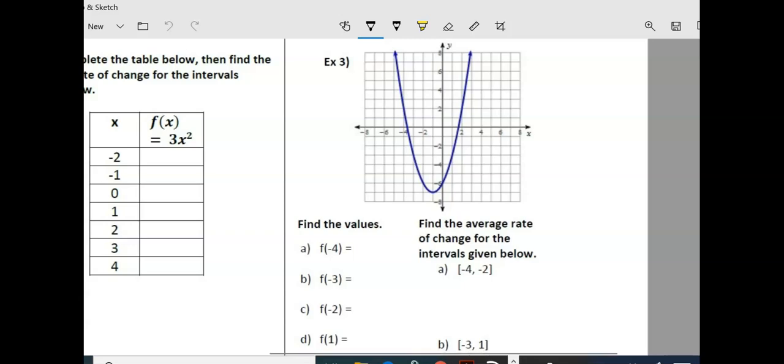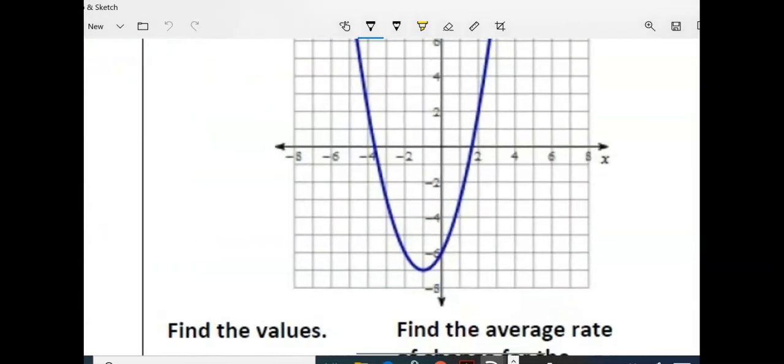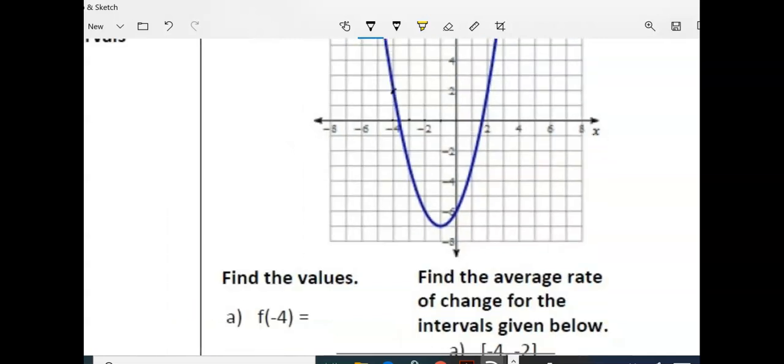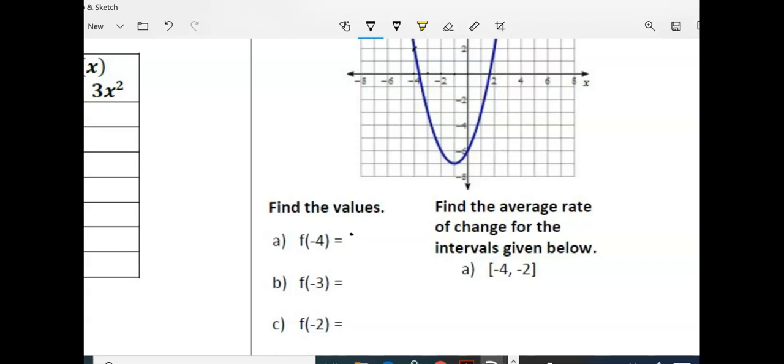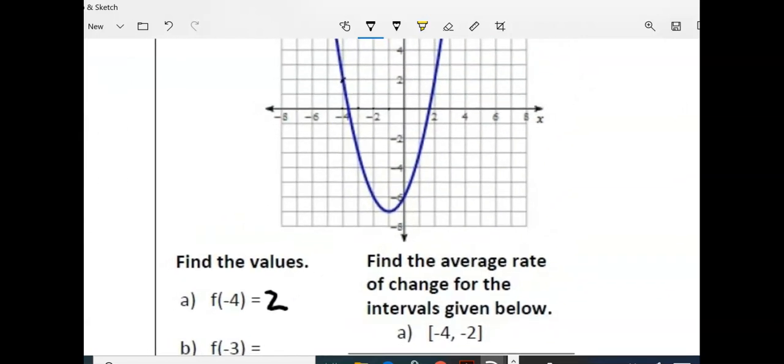So f of negative 4, if I go over here and look at negative 4, here's negative 1, negative 1, negative 2, negative 3, negative 4. Looks like I'm up to 2. And so f of negative 4 is 2.